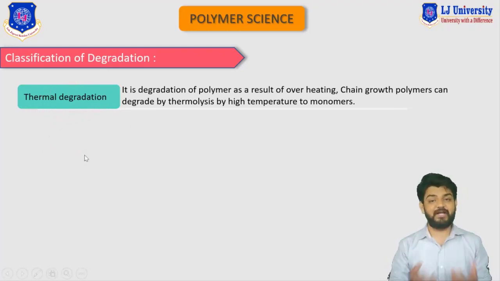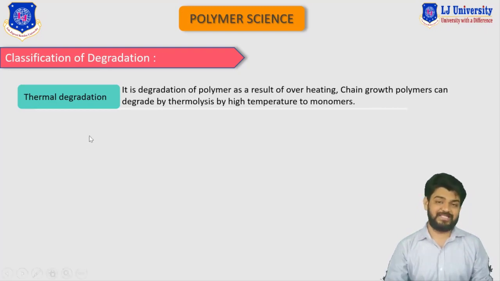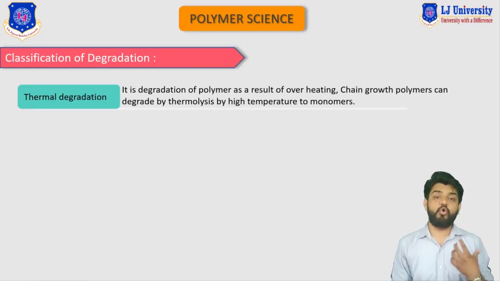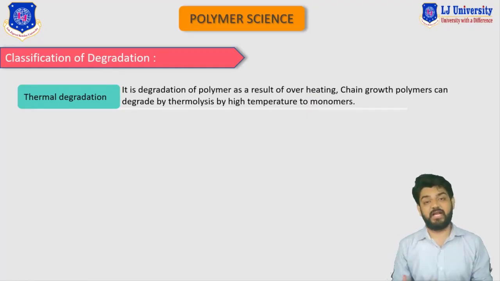Thermal degradation is the degradation of any polymer when it is exposed to heat. It is the degradation of the polymer as a result of overheating. Whenever your polymer receives more heat, that is, it is overheated, it will degrade, and that can be referred to as thermal degradation.